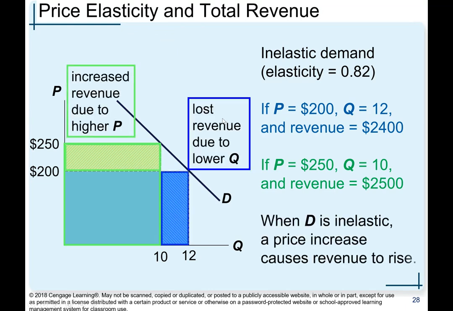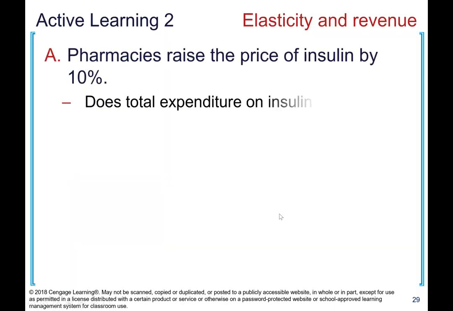What happens here? The lost revenue due to lower quantity is the blue area. And the increase in revenue due to price is the green area. When demand is inelastic, a price increase causes revenue to rise. Same direction, price goes up, revenue goes up.